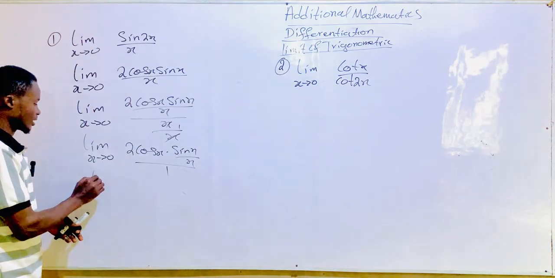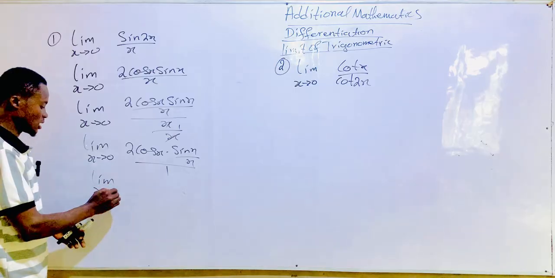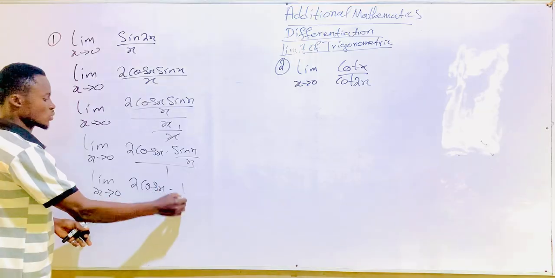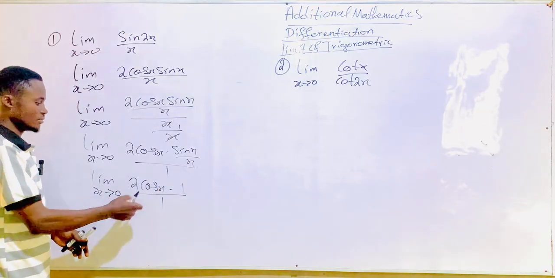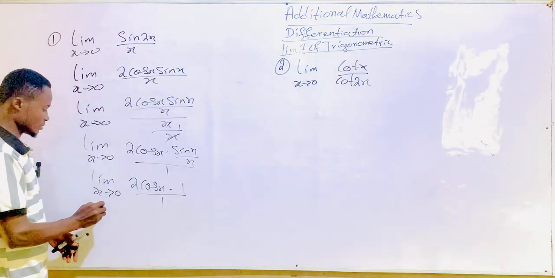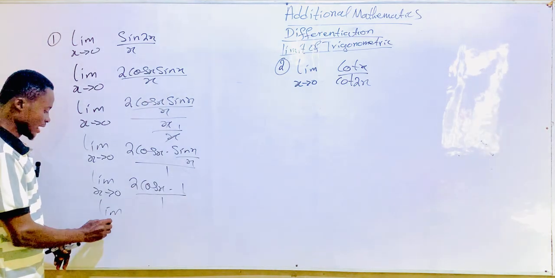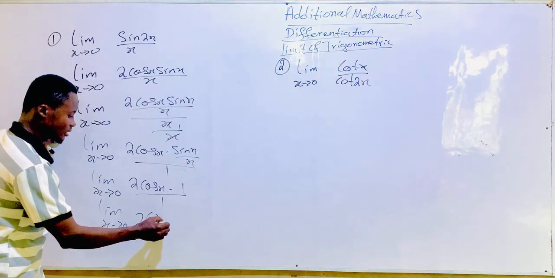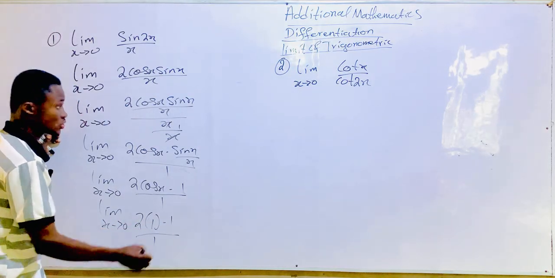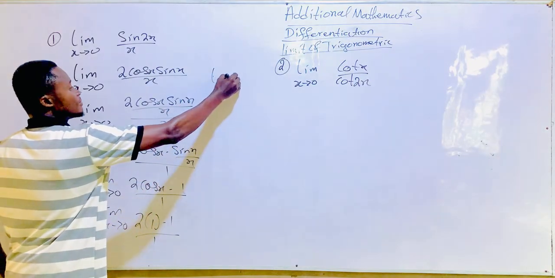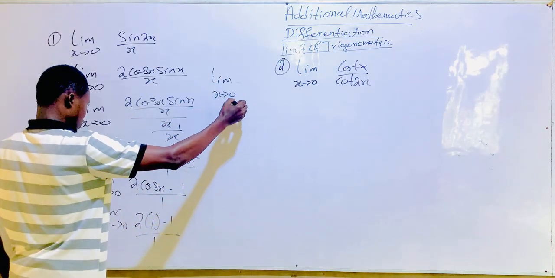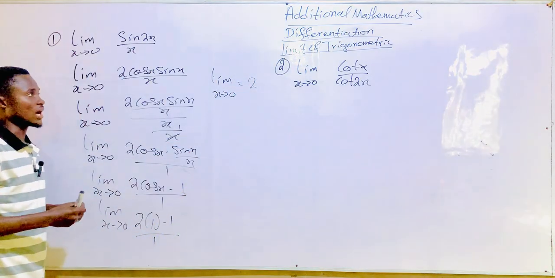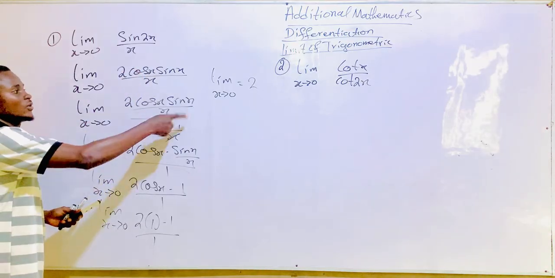So we'll have the limit as x approaches 0 of 2 cos x times 1 all over 1, and the limit of cos x will also give us 1. So we have 2 into bracket 1 times 1 all over 1. So our final answer is the limit as x approaches 0 equal to 2.